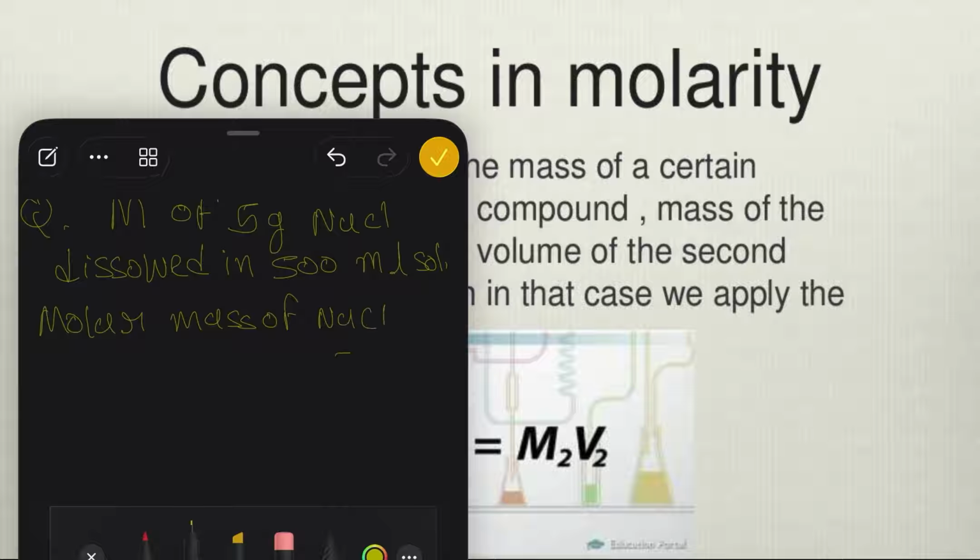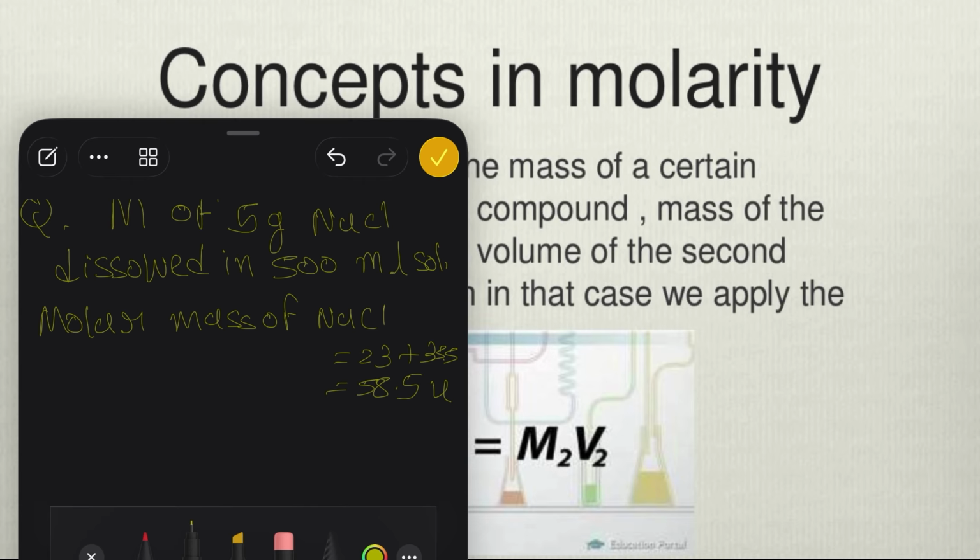We can calculate it. Sodium has a molecular mass of 23 and chlorine has 35.5. So its molecular mass is 58.5 u. Please remember before your exam.